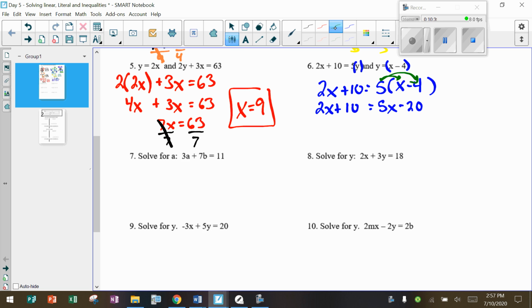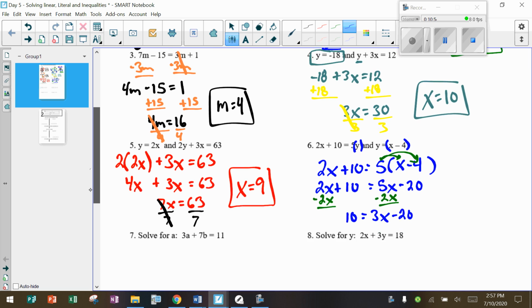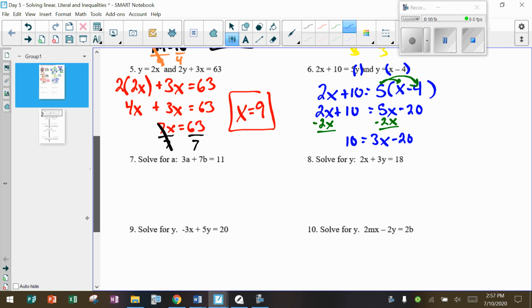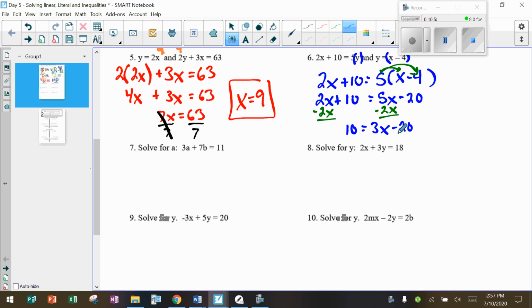So my choice is to subtract the 2x from both sides to combine it with the 5x. 5 minus 2 is 3. Look familiar? Not yet. Well, let's add 20 to both sides.